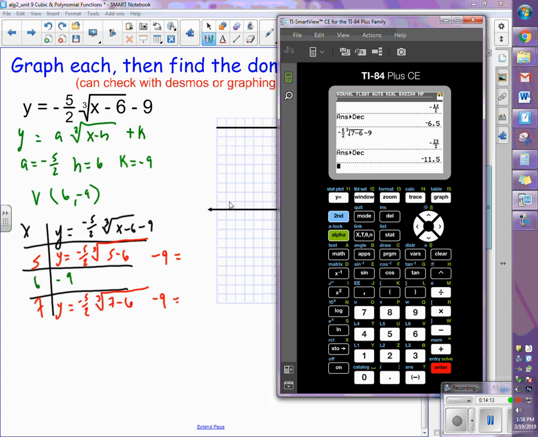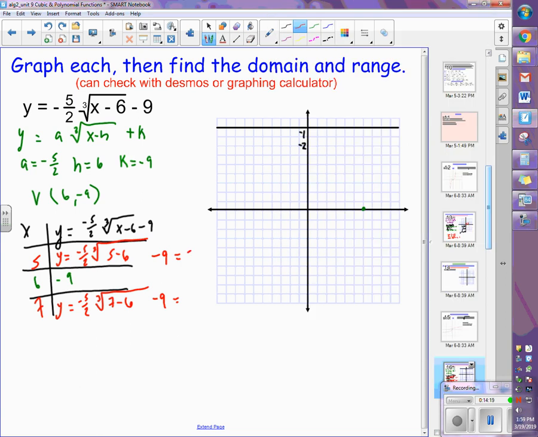So -6.5 was the first one, and then -11.5. So another reason it was good to shift it up.